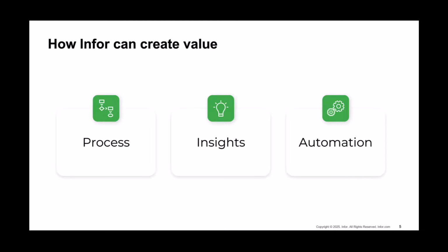This is all related to our IPCs, or Industry Process Catalogs, where we have what a best practice business process looks like. Next is insights. We have a lot of data that we've accumulated and learned over the past number of years as an industry-specific cloud ERP company.